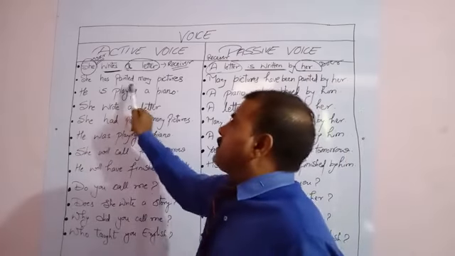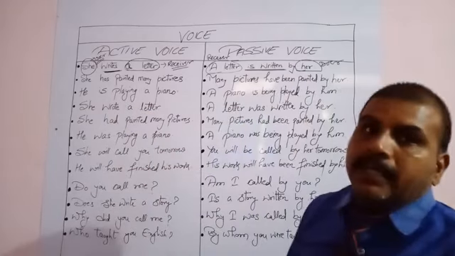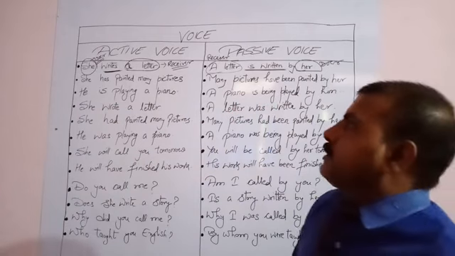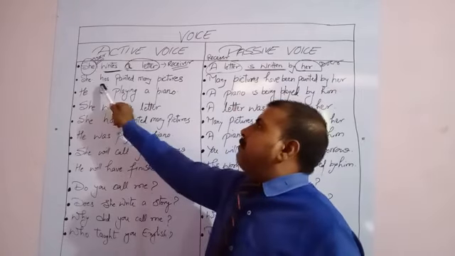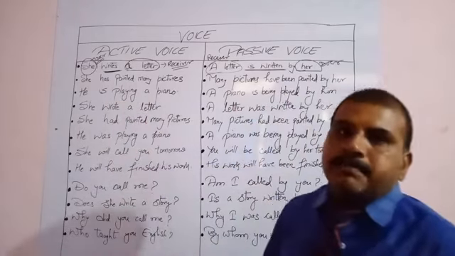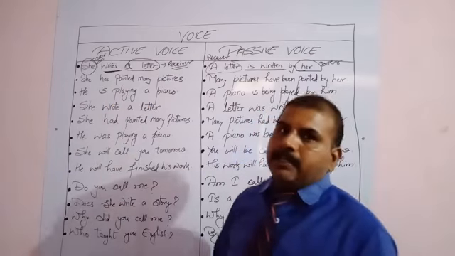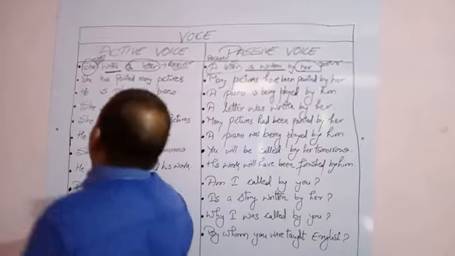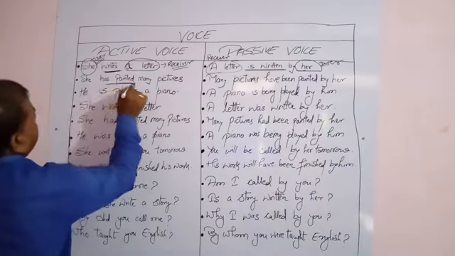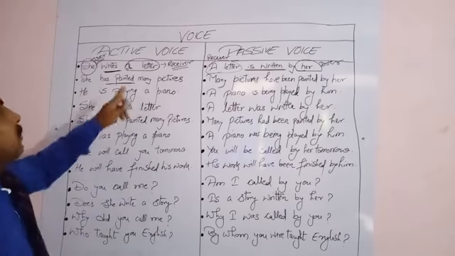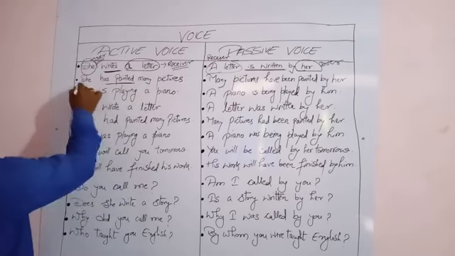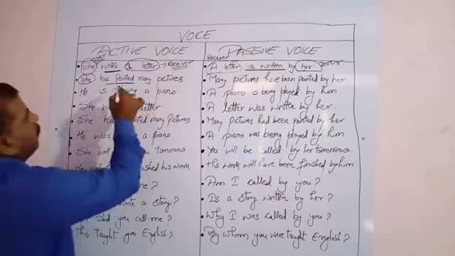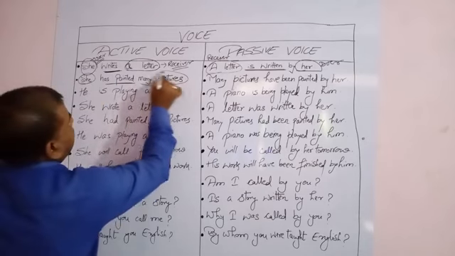Now, the next example. Active voice: she has painted many pictures. Who has painted? She has painted. The main verb here is painted, and who is doing the act of painting? She. So she is the subject here. And what has she painted? Many pictures.